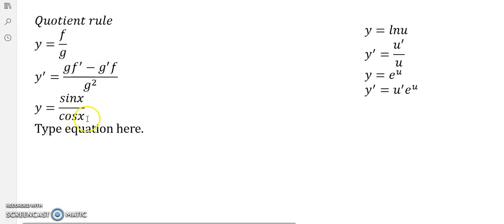Okay, we have this example, y equal to sine x divided by cos x. Then we will name them.